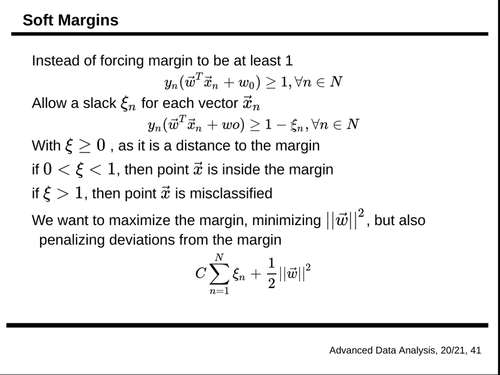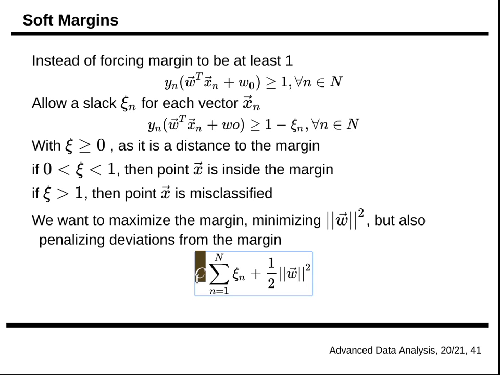But now we want these also to be as small as possible. So we want to minimize the size of the vector of our parameters, and also minimize these slack variables that we had here with a weight of C. So this basically is the regularization factor that we are giving here.